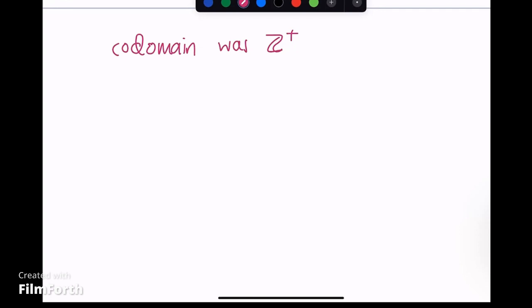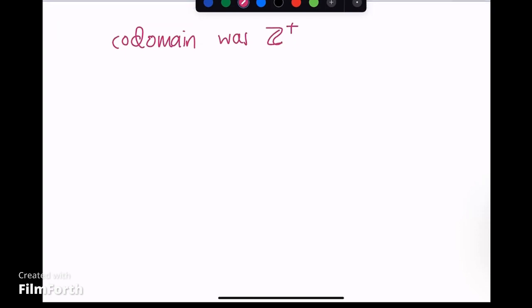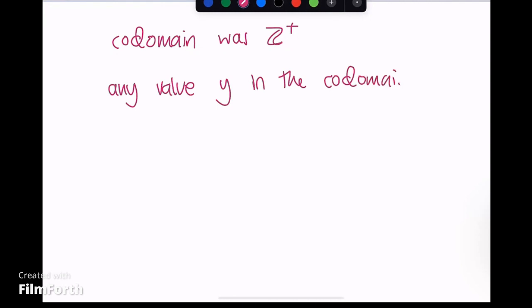Then what we mean is that for any value y in the codomain, there exists some x such that f(x) equals y.